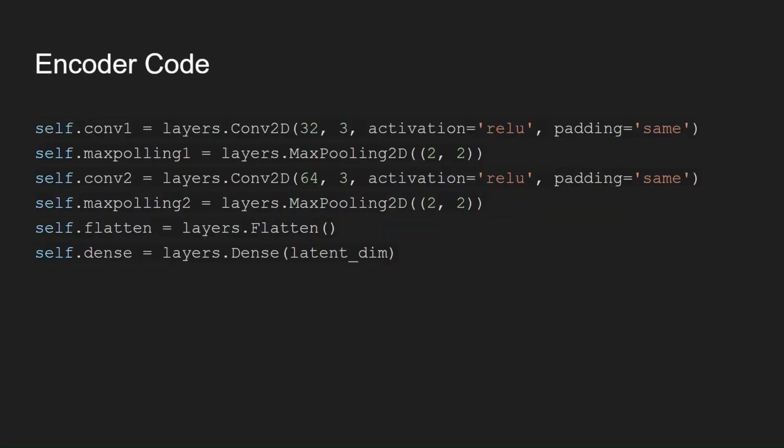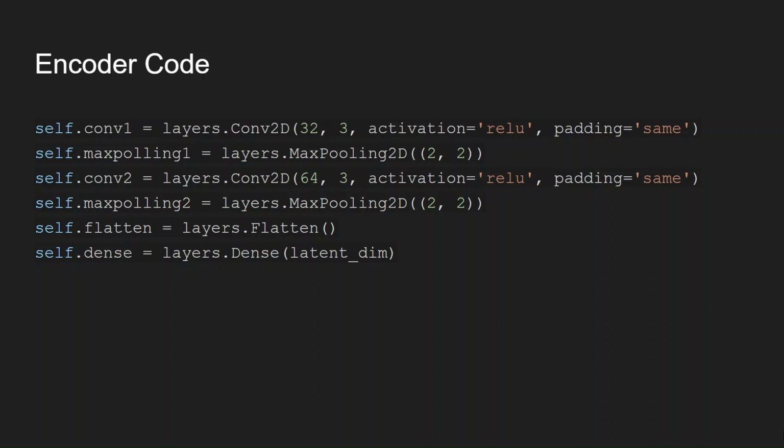Now let's talk about some of the code. Obviously we are going to learn the code in detail in the next video, but this is a general overview of how the code is going to look in case of the encoder and the decoder. First of all, in case of MNIST, I'm going to use only two convolutional layers. If you have a large data set with more complex images, you can increase the number of convolutional layers and the filter and kernel size accordingly.